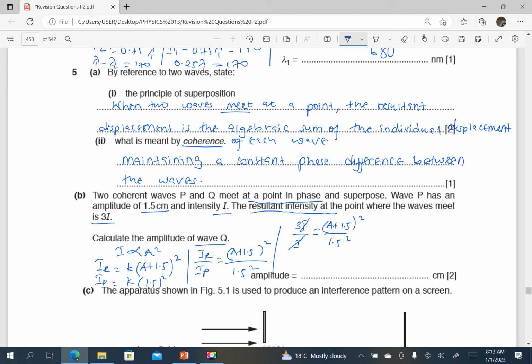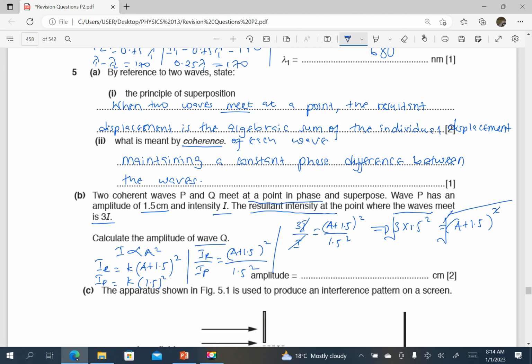I will just put in the calculator 3 times 1.5 squared, then square root, then minus 1.5. For the mathematicians, they will say, now how do you get that? So I'm getting 3 times 1.5 squared equaling A plus 1.5 squared. I find the square root both sides. When I remove the square root, this one cancels with the square root.